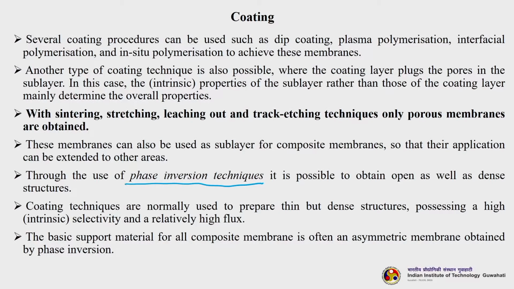That technique can be used to obtain both open, meaning porous, as well as dense membranes. Coating techniques are normally used to prepare thin but dense structures possessing a high selectivity and relatively high flux. The basic support material for all composite membranes is often an asymmetric membrane obtained by phase inversion. Today we will discuss phase inversion in detail.